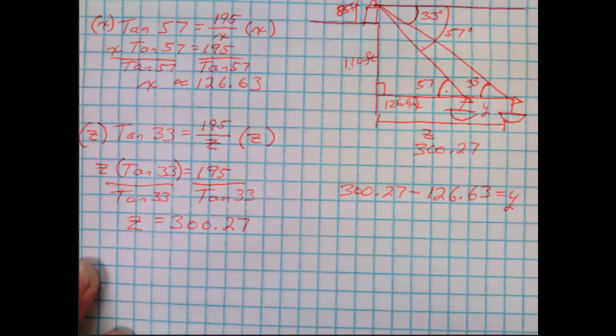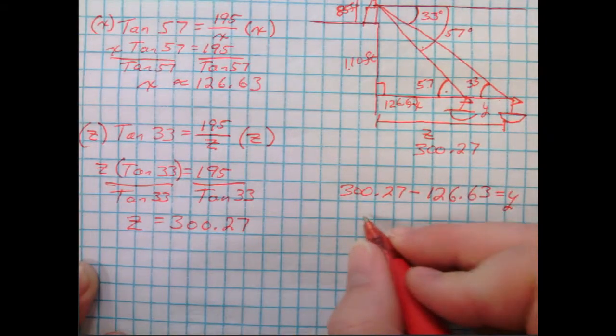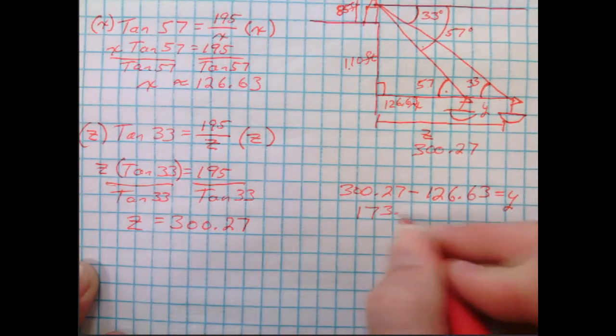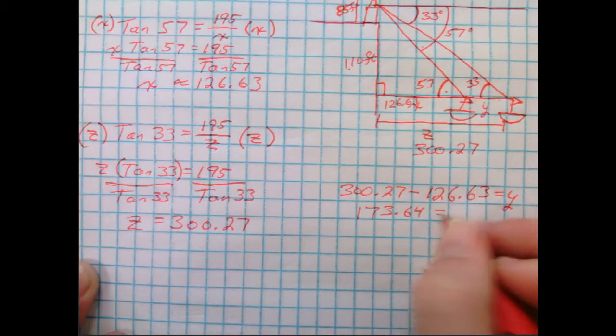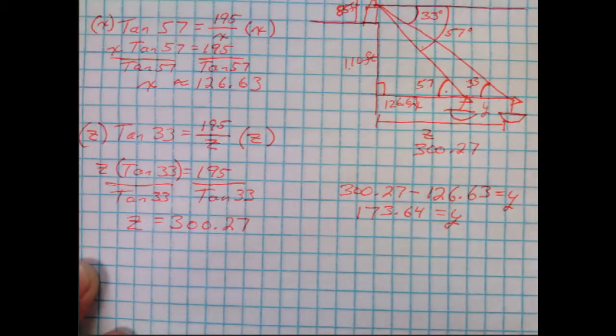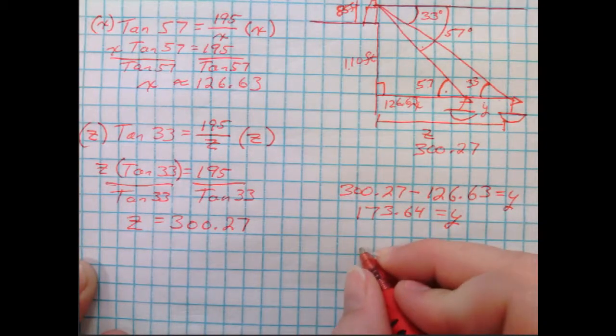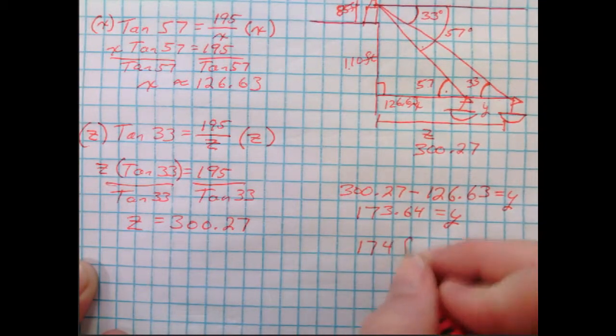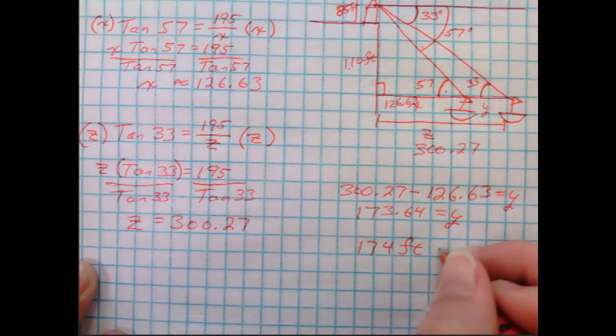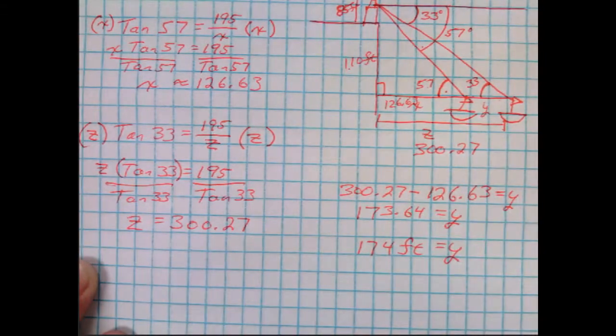So 300.27 minus our 126.63, I'm coming up with 173.64 equals y. It says to the nearest foot, so we're going to round that to 174 feet equals our y. Okay, so that would be our final answer.